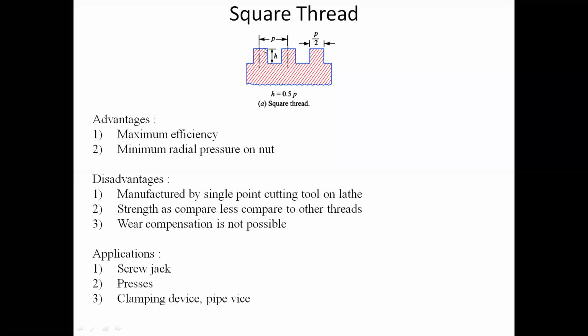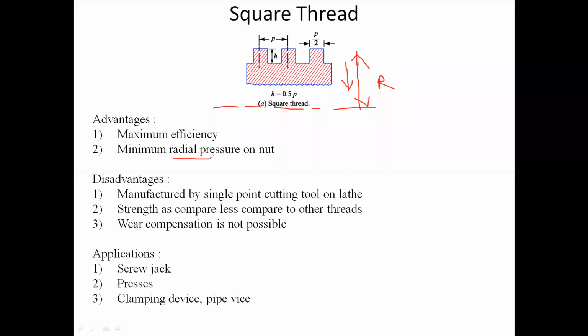If you look at this profile, this is the axis of our square thread, and this is the radius of the screw. If there is a force in this direction, that can be a radial pressure, that is, pressure because of force.